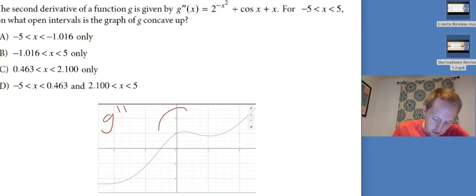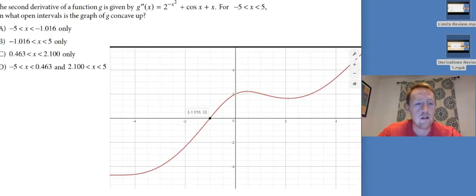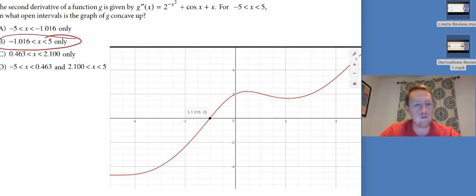It's positive starting right about there, and then it never stops being positive. So I just need to find that 0. Again, don't trace it. Use the zero feature in your calculator, like I did. Starting at negative 1.016, it's positive, and it stays positive for the rest of the interval. That's my answer.